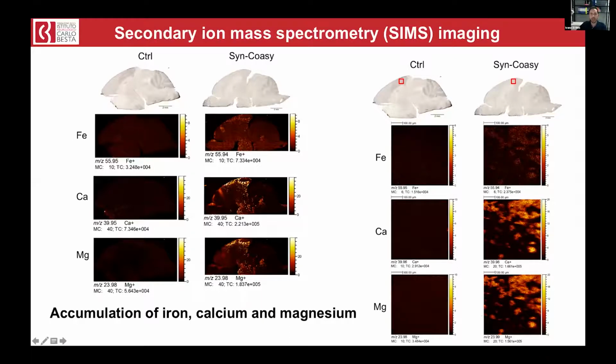the brain, and in the same area, you can see here, also a more evident accumulation of calcium that we found also accumulated in patients of PKAN and CoPAN, and also magnesium in the same area.